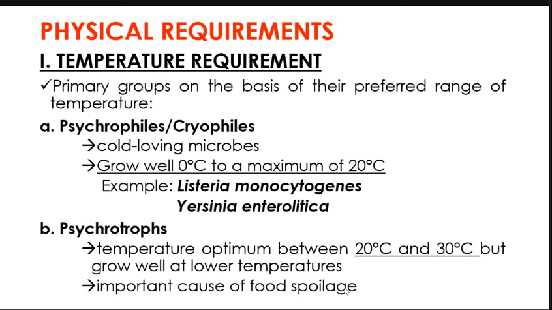Ma'am, food spoilage happens at a higher temperature. Psychrotrophs grow between 20 degrees Celsius and 30 degrees Celsius, so they cause food spoilage since the temperature is higher. The temperature should be lower to prevent food spoilage.